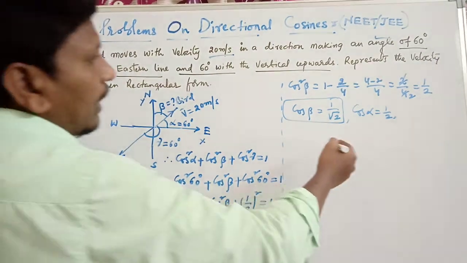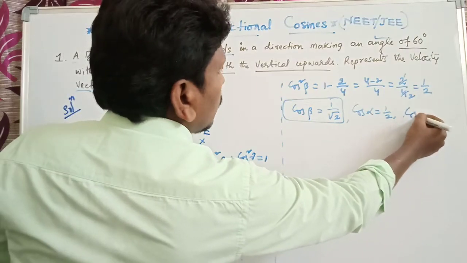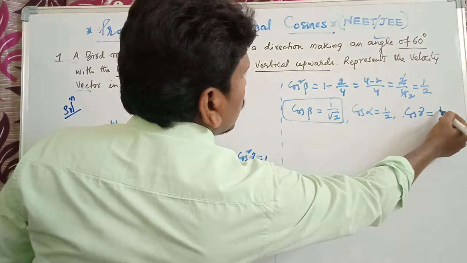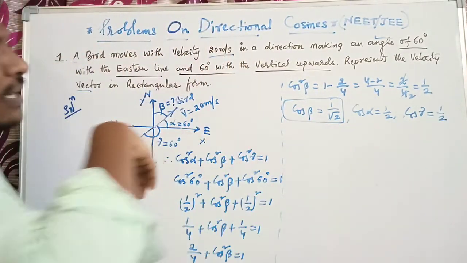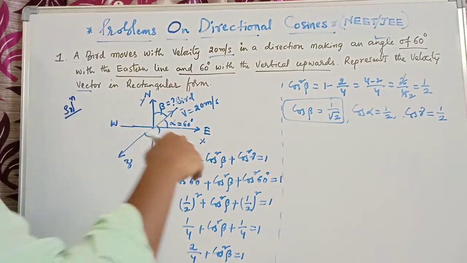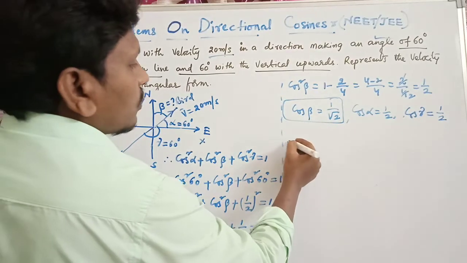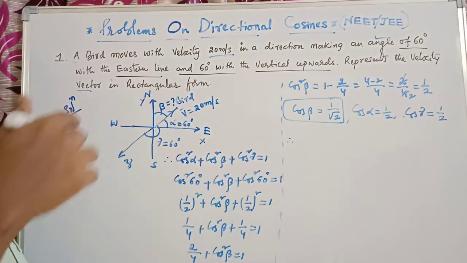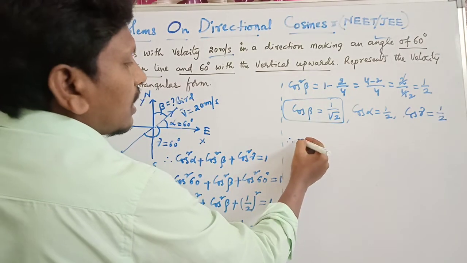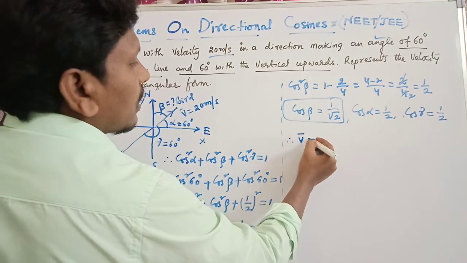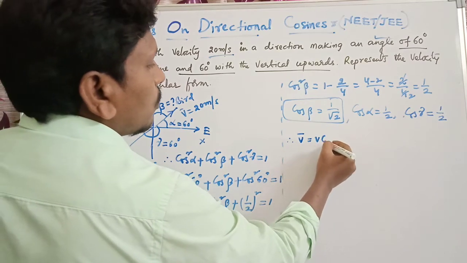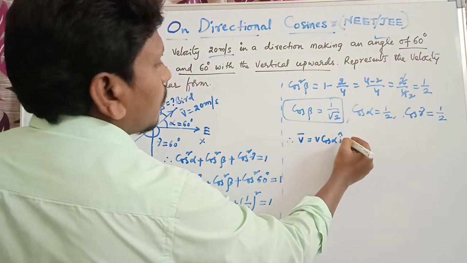Okay, and cos beta, sorry, cos gamma, that is also 1 by 2. So here let us find out the velocity vector in a rectangular form. Velocity vector is nothing but the position vector of the bird, which is written as v bar is equal to v into cos alpha i cap.